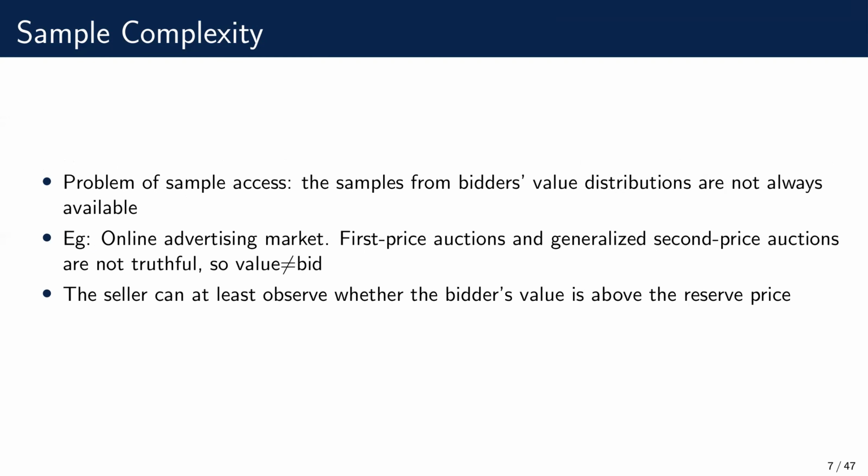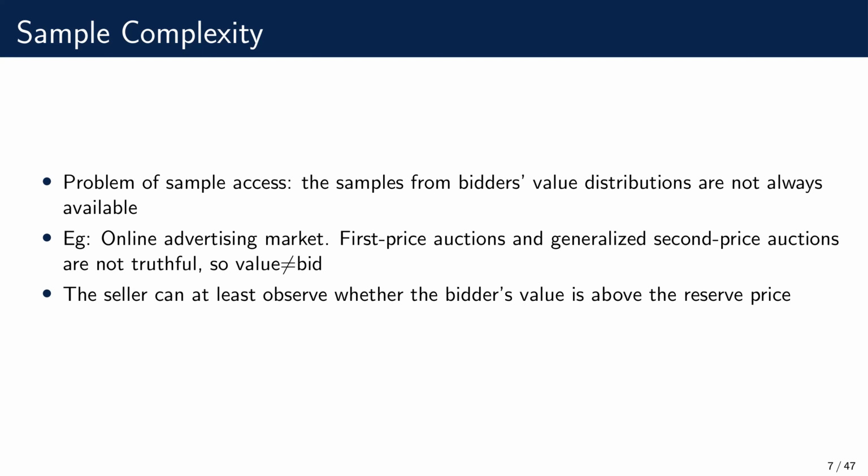The sample access model is more realistic than the full information setting, but it still has some limitations. Specifically, samples from the bidder's value distributions are not always available. Again, we take an online advertising market as an example. The first price auction run by major display advertising providers and the generalized second price auction run by, for example, Google search ads are very popular auctions, but are not truthful.